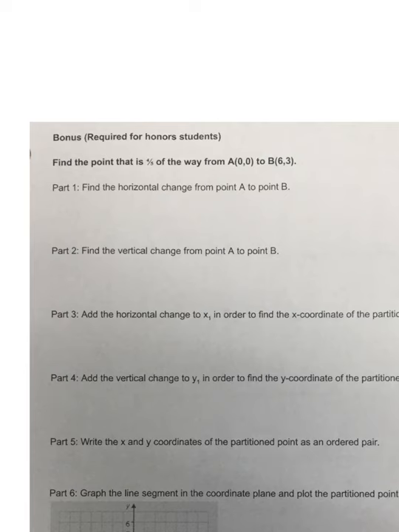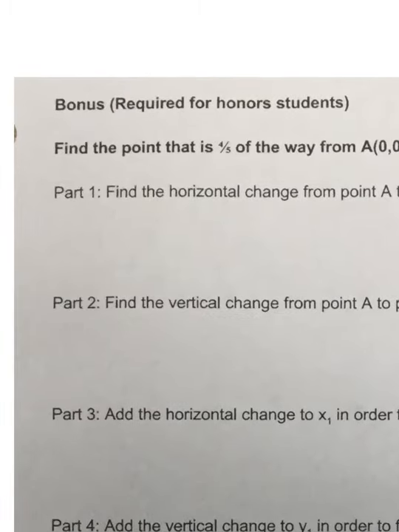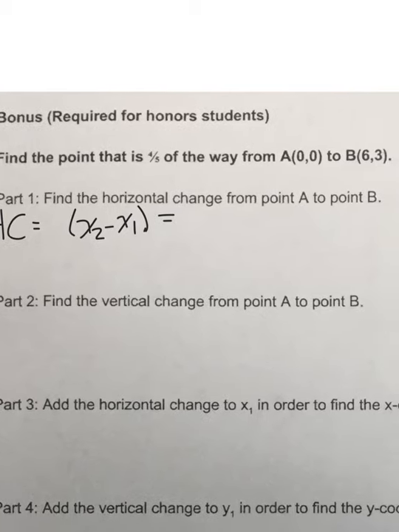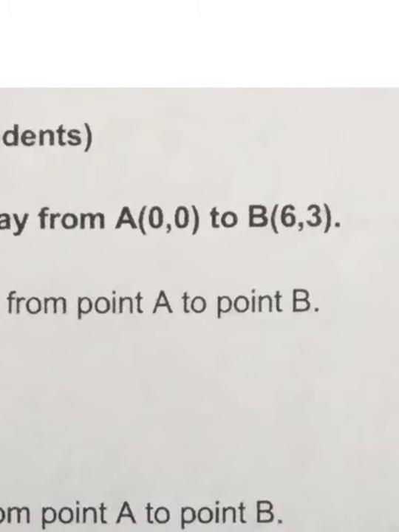Okay, so first, it asks us to find the horizontal change from point A to point B. Now, we should remember from our notes that horizontal change is going to be our x2 minus our x1, right? All right, so if we label our points here, we should have x, y, x, y.